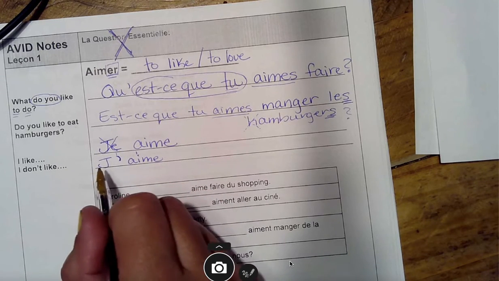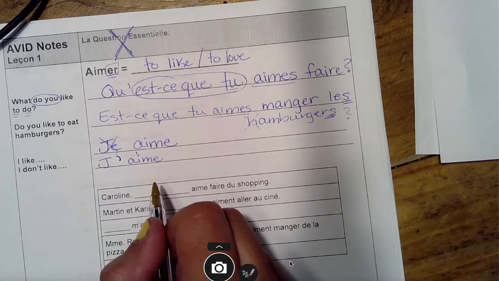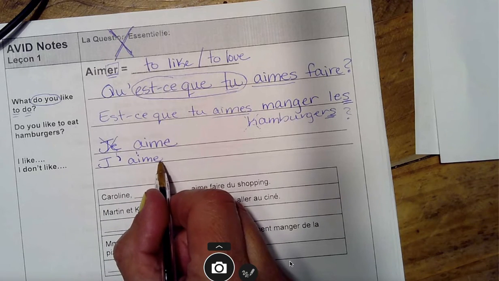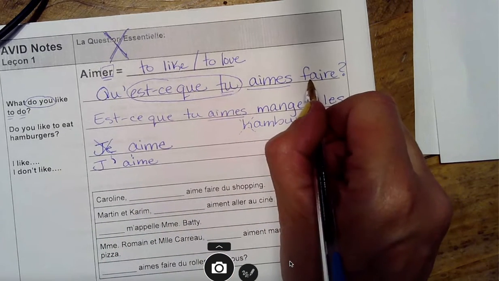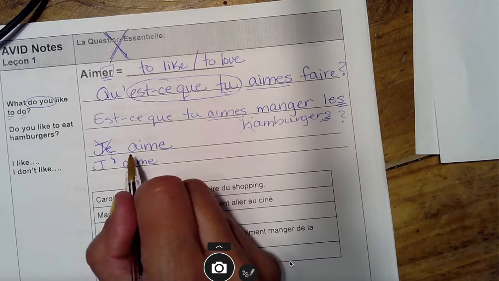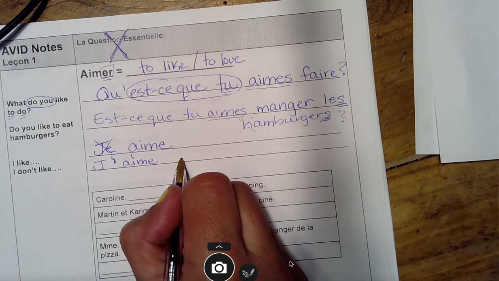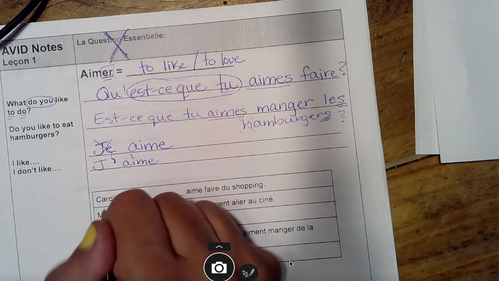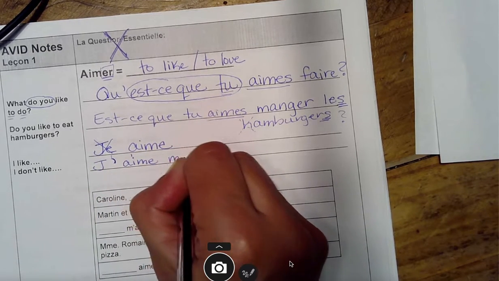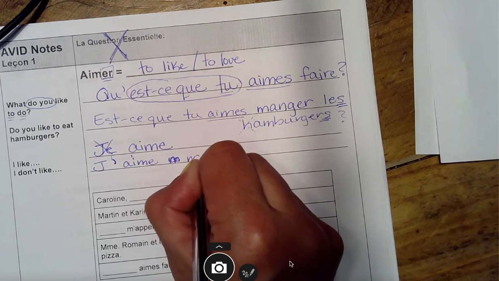So you could say j'aime les hamburgers. J'aime faire du roller. J'aime nager. I like to swim. I know you like to swim, so you could say j'aime, oops, my bad, nager.